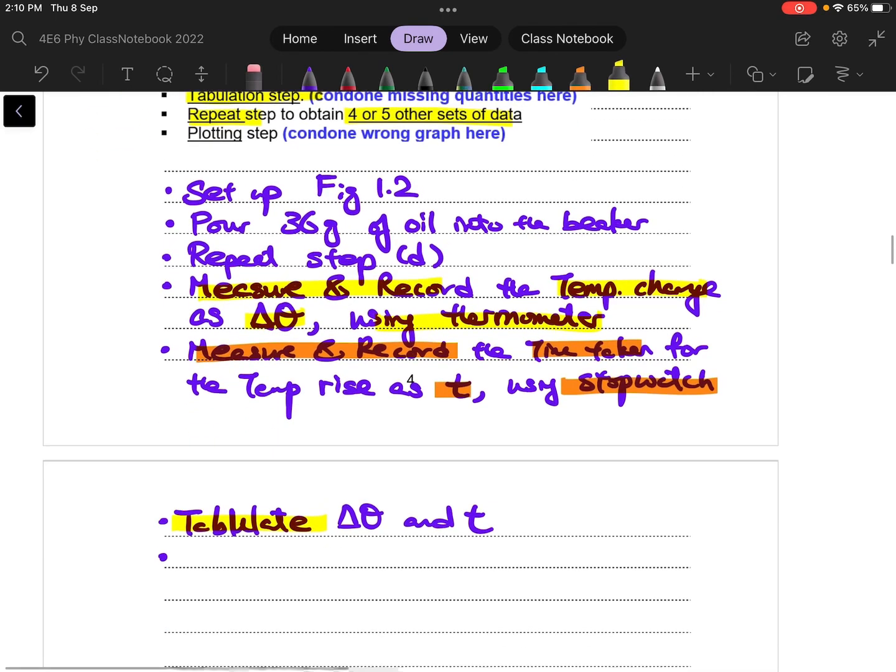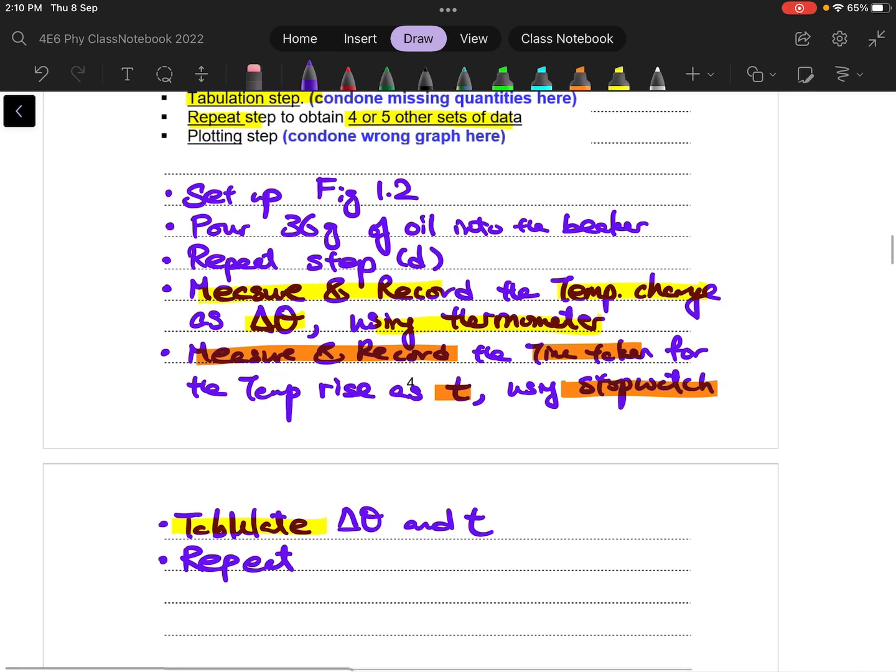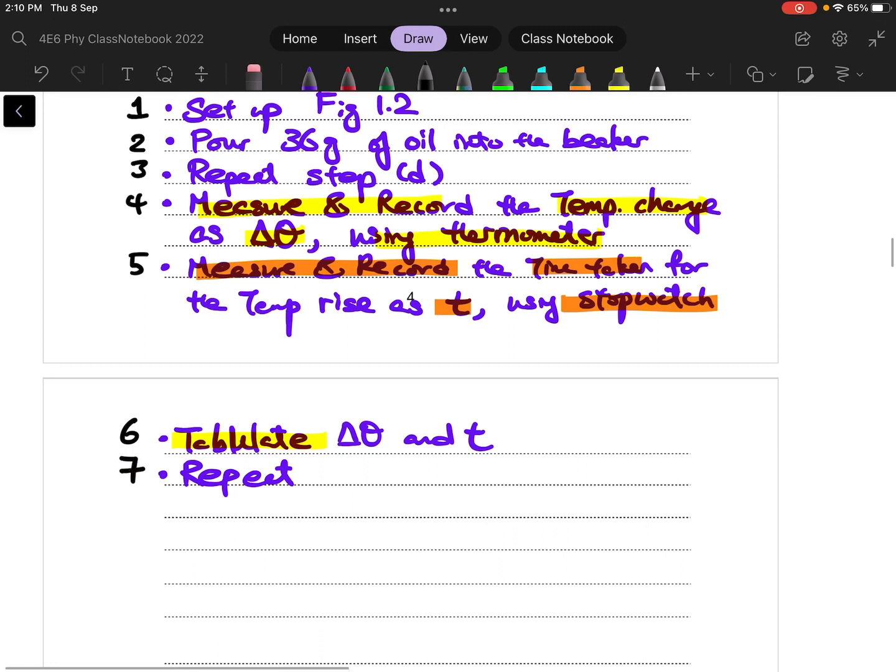So what I'm going to do is that I'm going to do the repeat step for 4 to 5 times. So I will just write down the keyword repeat. So you see, I shouldn't use bullet points 1 2 3 4 5 6 7.